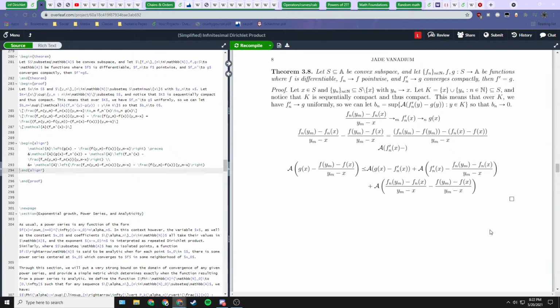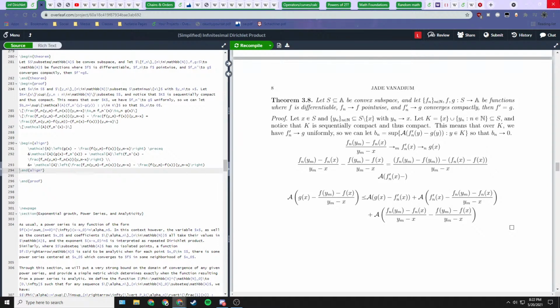So if we can prove compact convergence of this to this with n, then we can find sufficiently large n to make this difference bounded across all the y sub m's. That's what we want. That's what the other proof is trying to do.